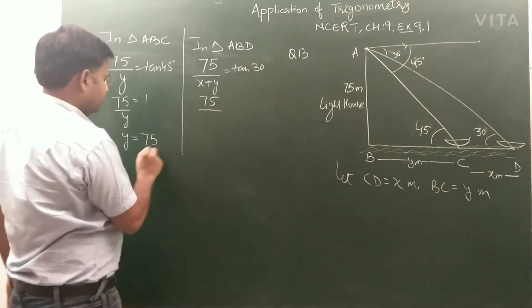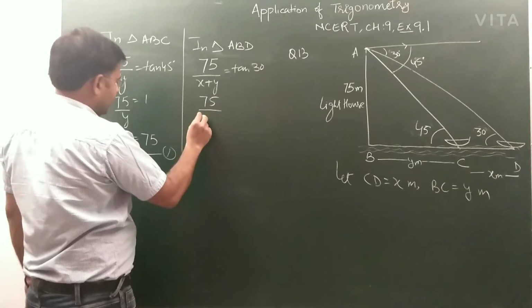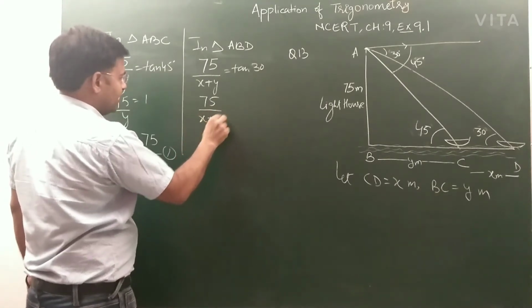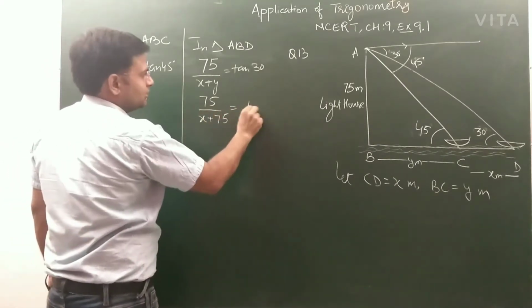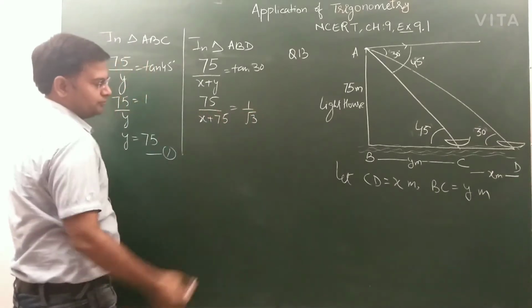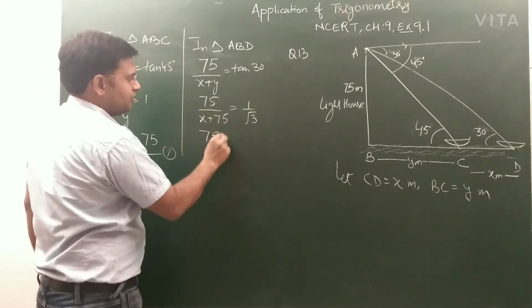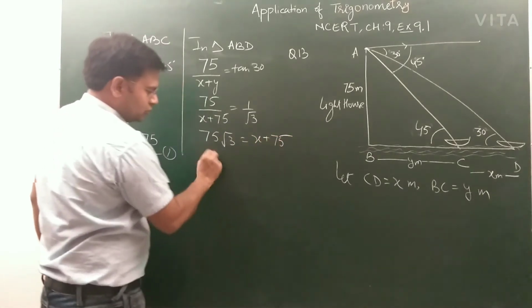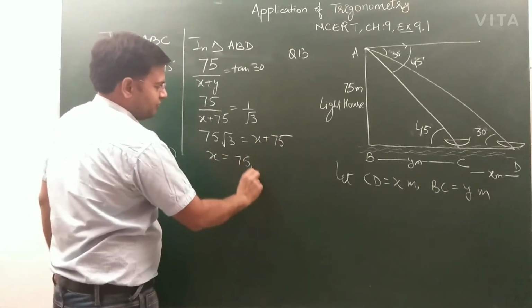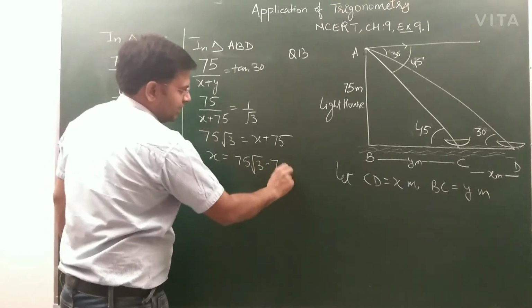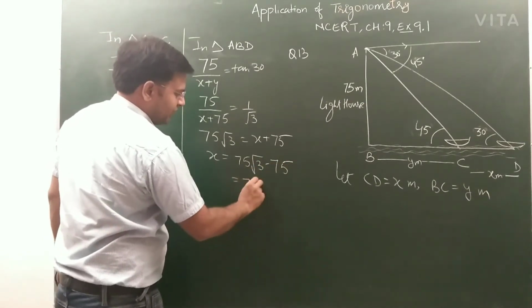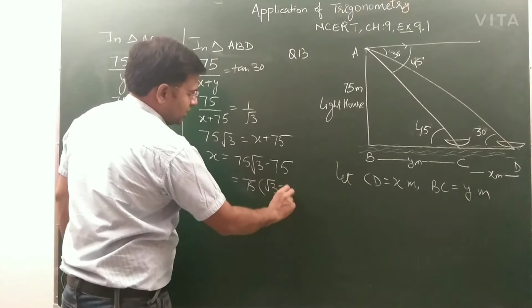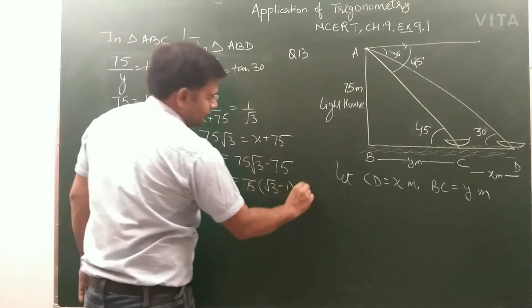Put this value: 75 upon X plus 75 is equal to tan 30, and tan 30 is 1 upon root 3. Cross multiply, and this is 75 root 3 equals X plus 75. So X will be 75 root 3 minus 75. You can take 75 common, this is 75 times root 3 minus 1, and you may leave your answer here.